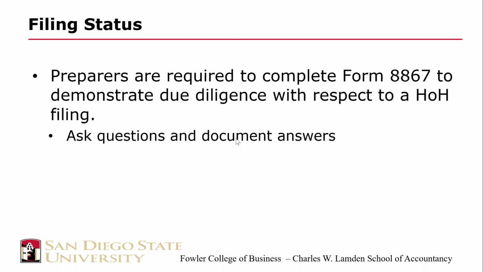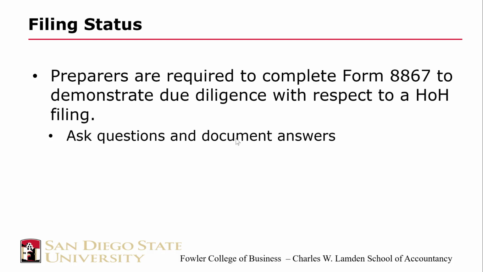Okay, one last thing I need to mention about filing status is that over the last 5 years, half a decade or so, the IRS has determined that taxpayers and tax preparers make a lot of mistakes over and over again. And one of them is classifying someone as head of household. Since that generally results in a favorable status, there would be an inclination to push a single taxpayer into head of household if you could find a way. So they basically require you to do some due diligence as a tax preparer.